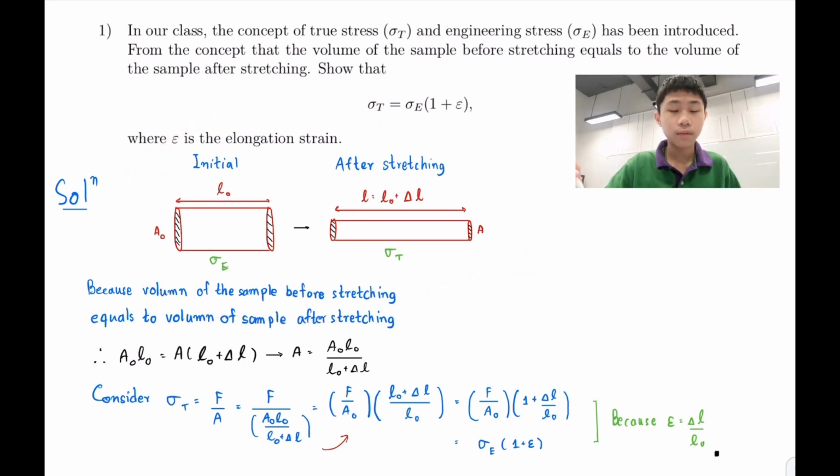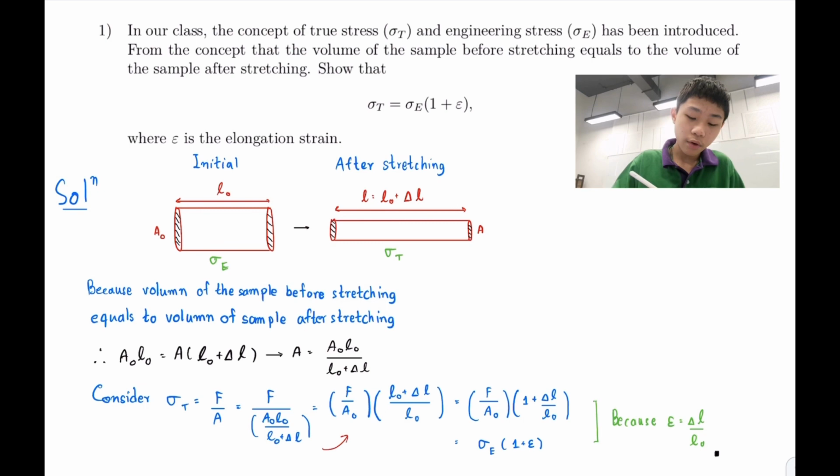Moreover, we suppose that the cross-section area of the initial diagram is A0 and the cross-section area of the after stretching diagram is A. And then we suppose the length of the initial diagram to be L0 and the length after stretching will be L, and L is equal to L0 plus delta L. Because of the proposition of the problem, the volume of the sample before stretching should be equal to the volume after stretching.